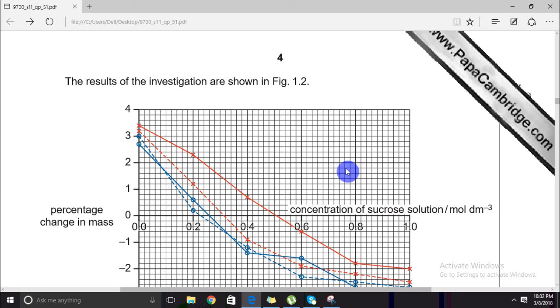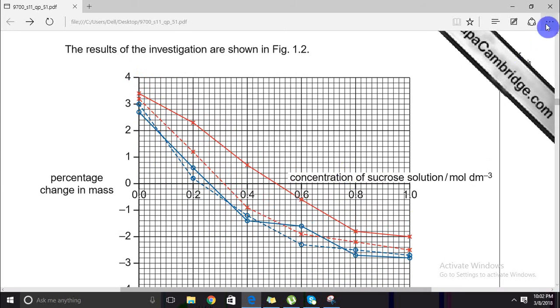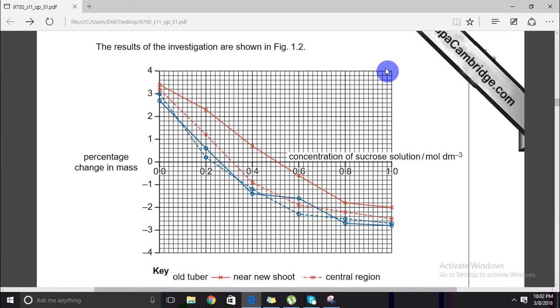So the results of the investigation are shown in figure 1.2. On the y-axis we have percentage change in mass, and a positive value implies that the mass is increased and a negative value implies a decrease in the mass, and 0% means there wasn't any change in the mass.